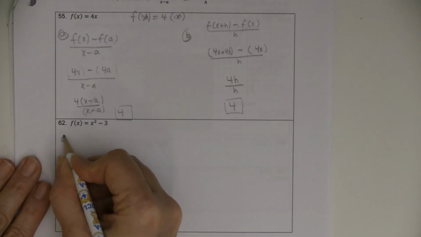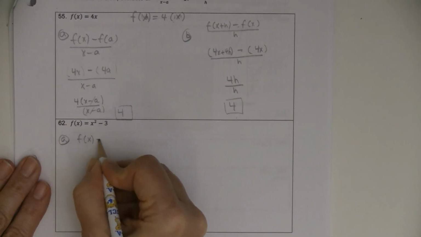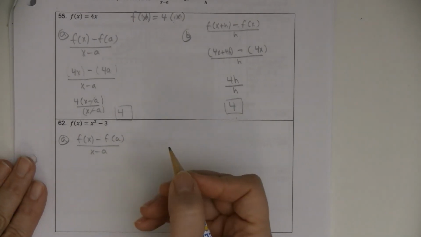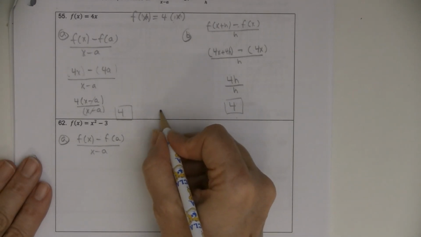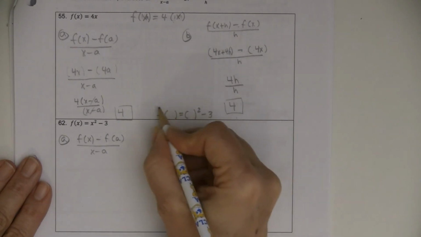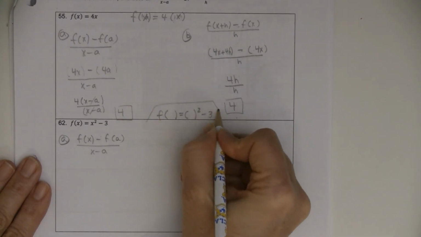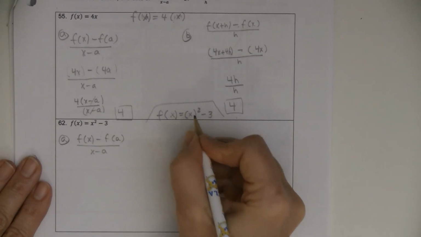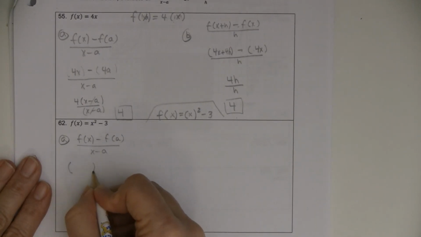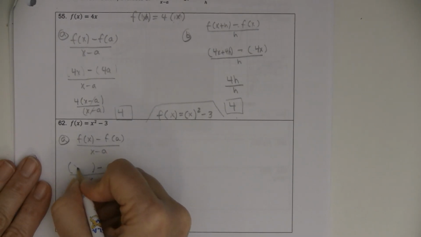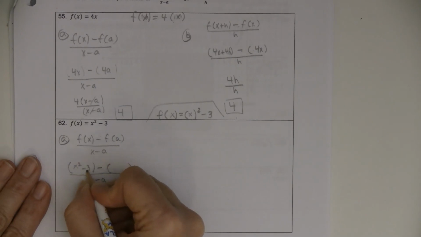So here we are on part A, f at x minus f at a divided by x minus a, and I'm going to put my replacer in here. I know that that's up in the other zone, but I'm going to put in x, and so when I put in x, I get x squared minus 3.